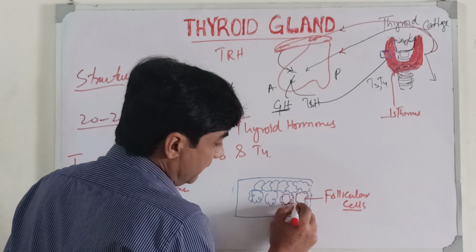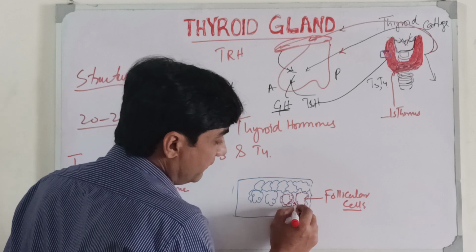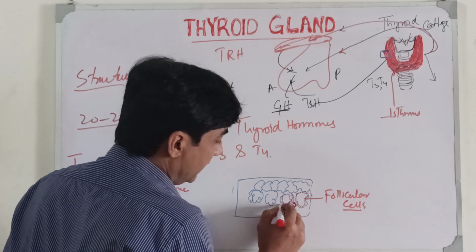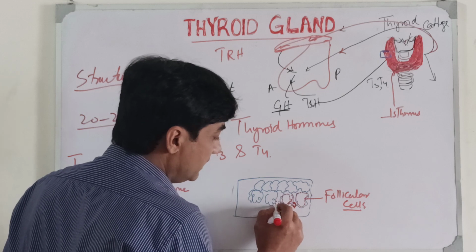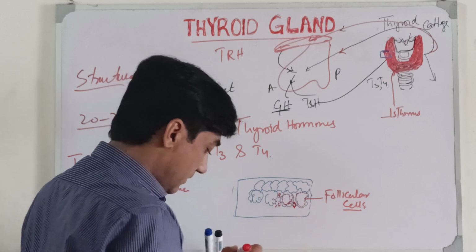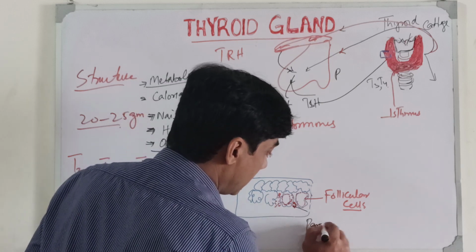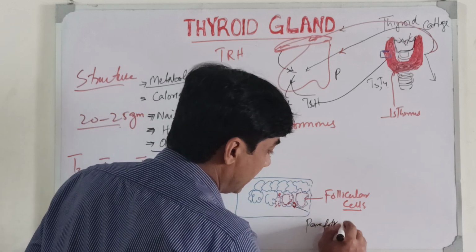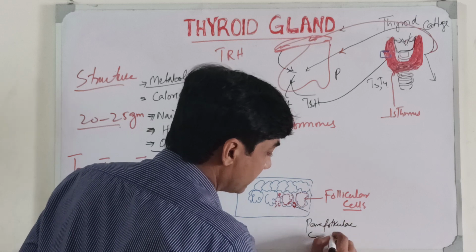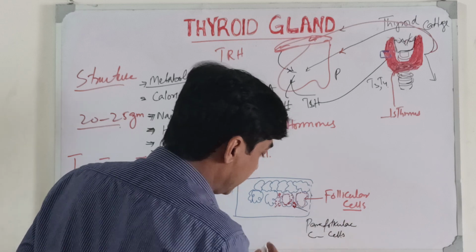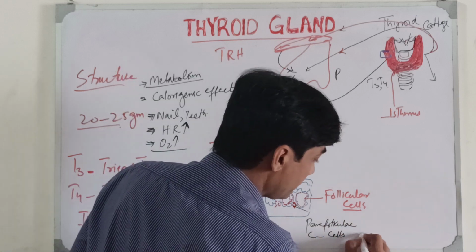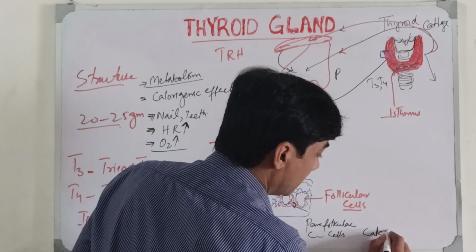type of cells between these sacs, in the form of clusters. These cells are called parafollicular cells. Parafollicular cells are C cells. These cells secrete calcitonin.